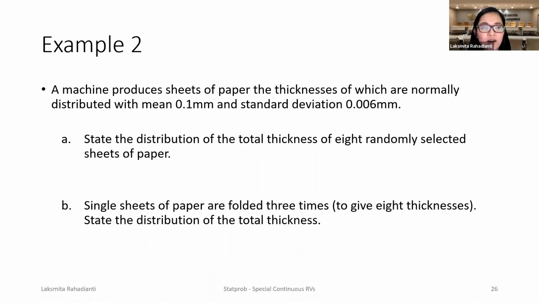So here we have a machine that produces paper with the thickness of the paper following a normal distribution. So here, as usual, we should denote all of our variables correctly.